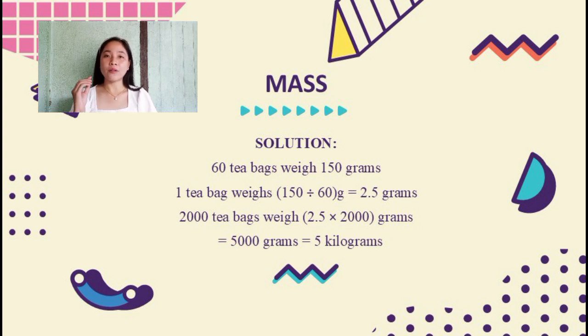Therefore, 2,000 tea bags weigh 2.5 grams multiplied by 2,000, because we have 2,000 tea bags. So, 2.5 grams times 2,000 is equal to 5,000 grams.